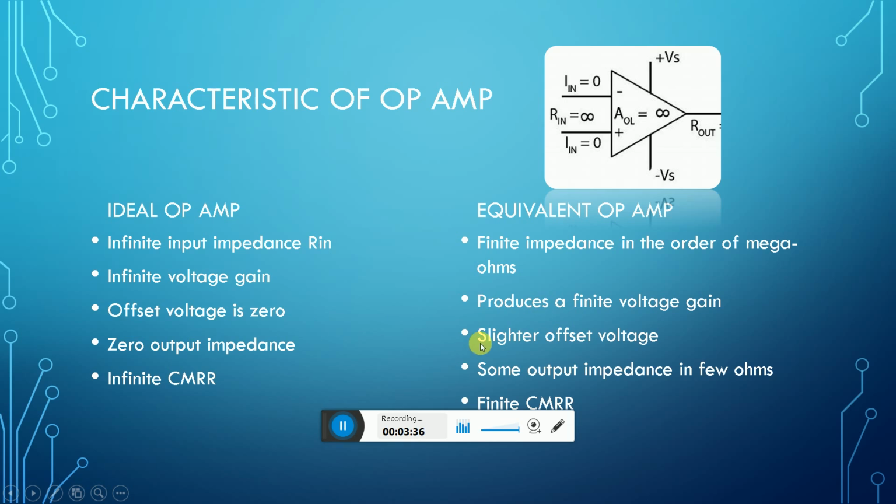Whereas in equivalent op amp, there will be a slight offset voltage. The output impedance R out will be 0 for an ideal op amp, whereas there will be a few ohms in the equivalent op amp. The CMRR, common mode rejection ratio, is infinite in ideal op amp and finite in equivalent op amp.